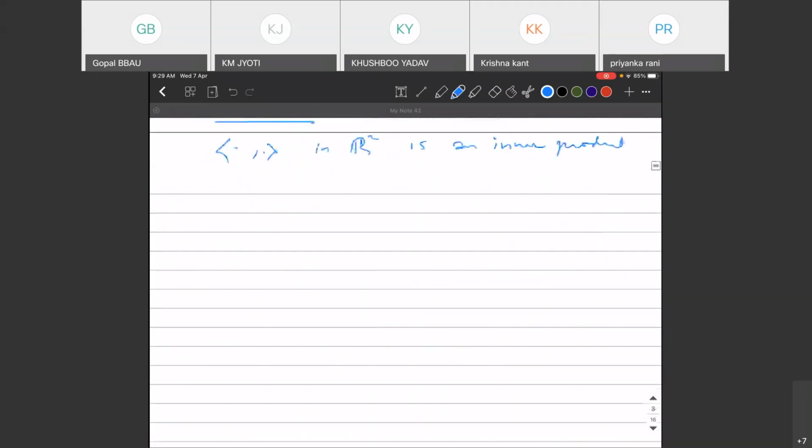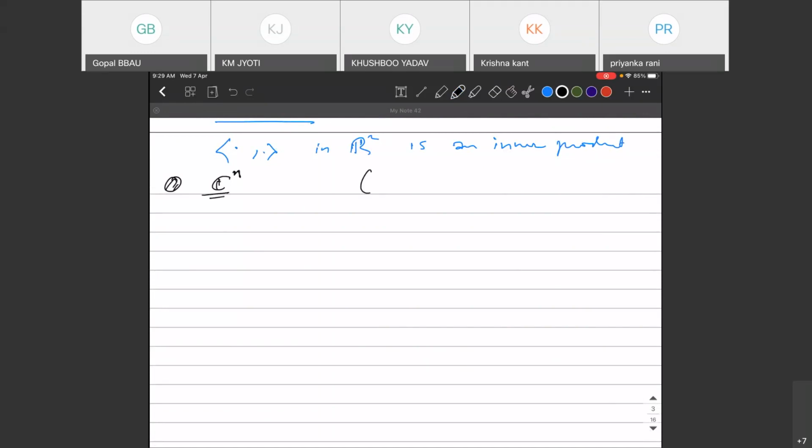Similarly, on another example, say take Cn. In Cn also we do the same thing, let's define an inner product in Cn.